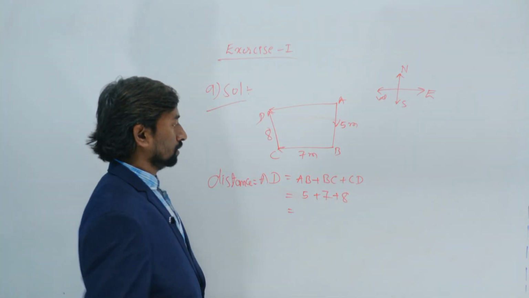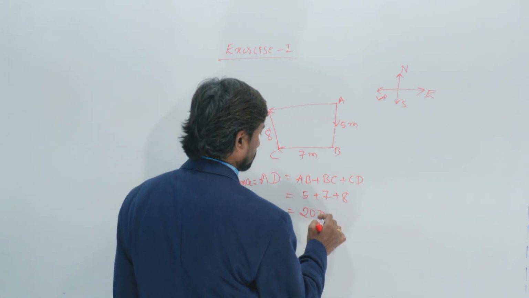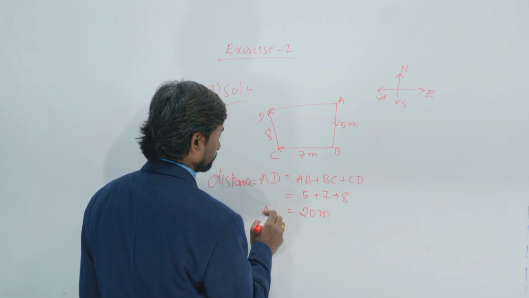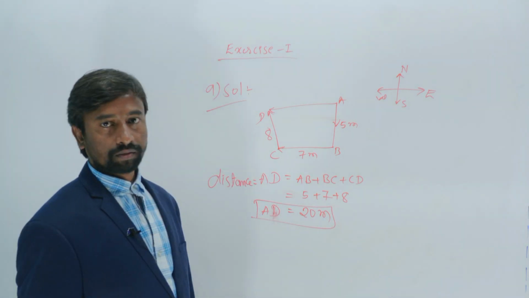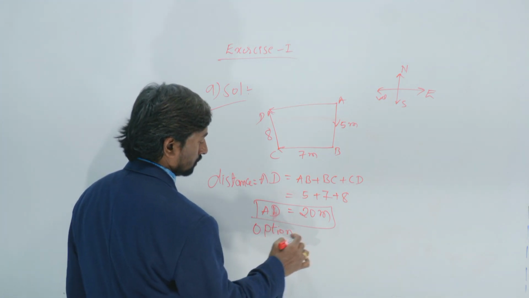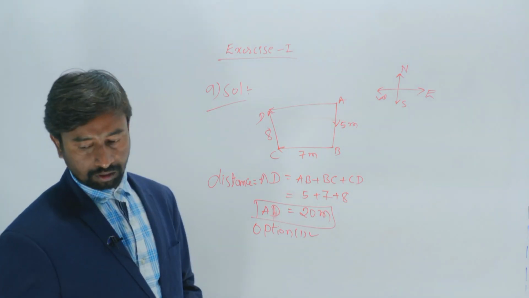How much do we get? 12 plus 8, we get 20 meters. So the distance AD is equal to 20 meters. Now the option here is option 1. Option 1 is correct.